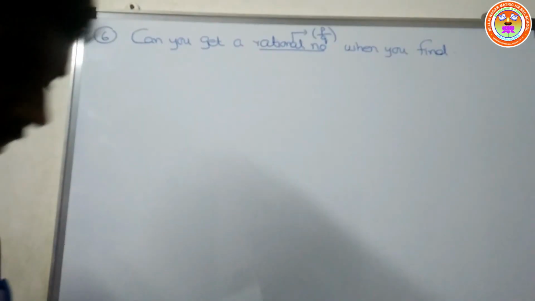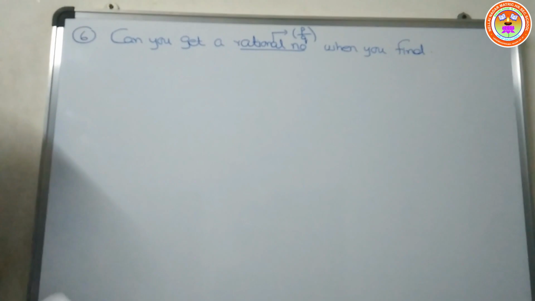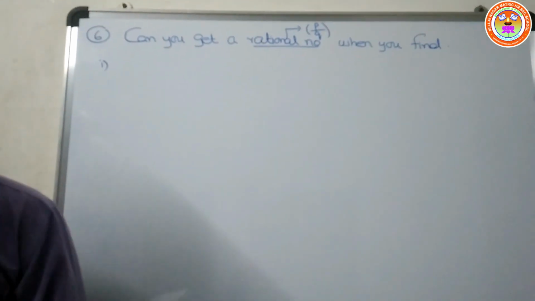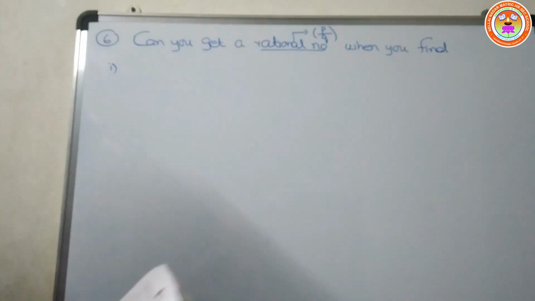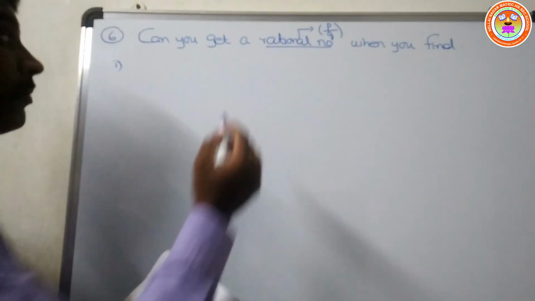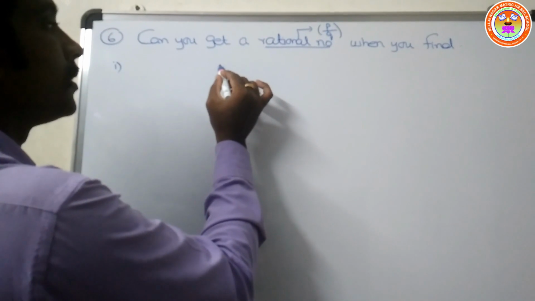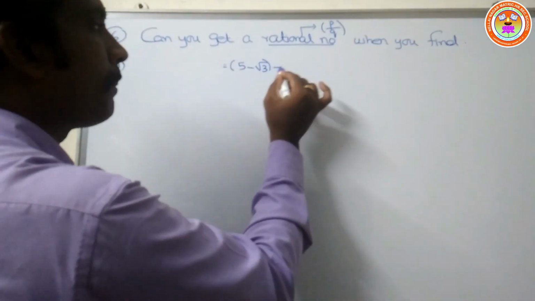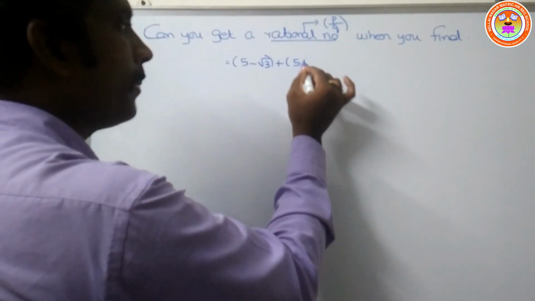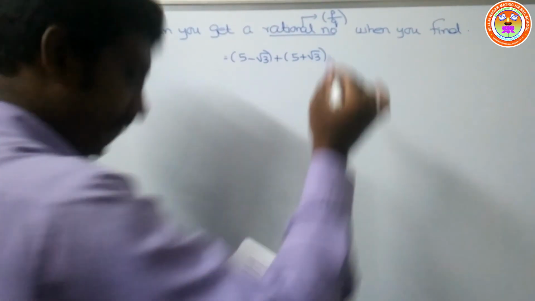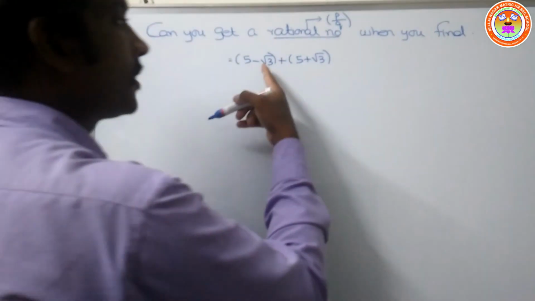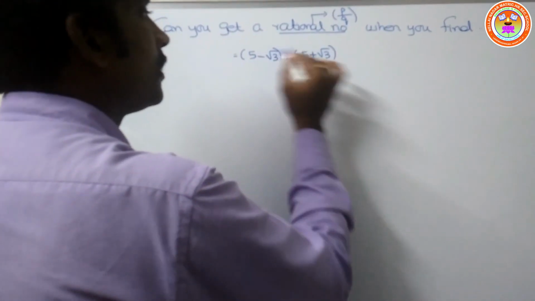So when you find, first one, the sum of two surds. You take two surds: 5 minus root 3 plus 5 plus root 3. Sum means both adding.